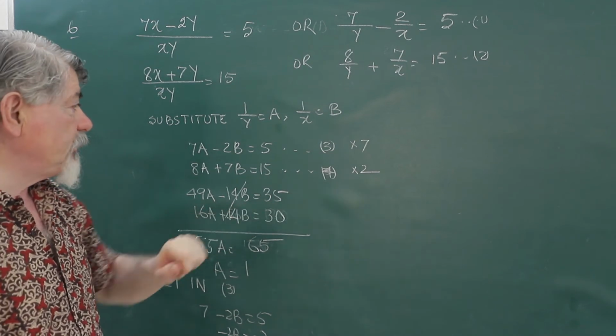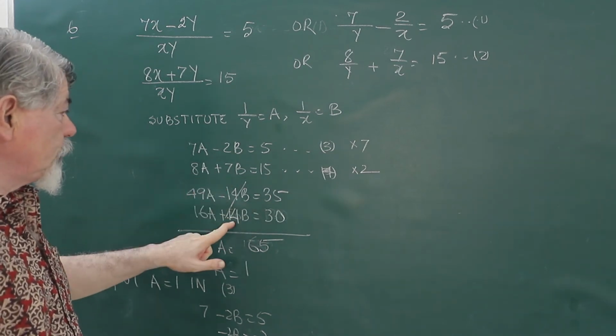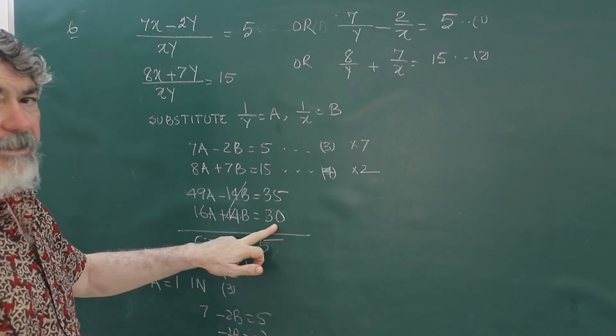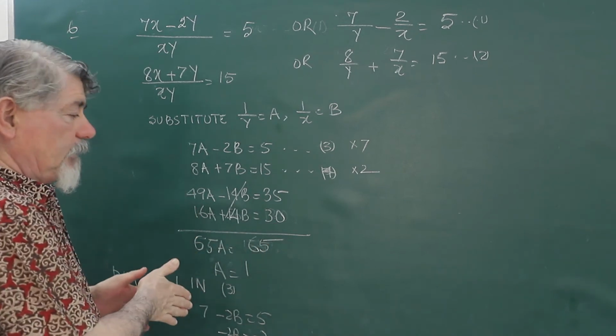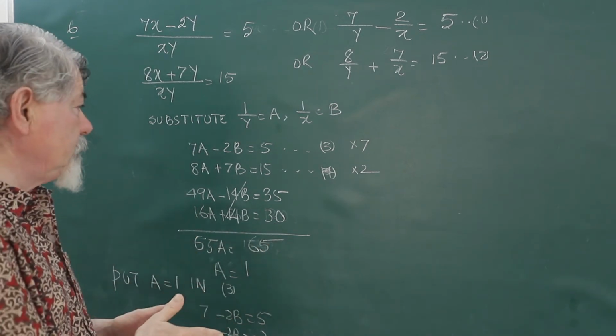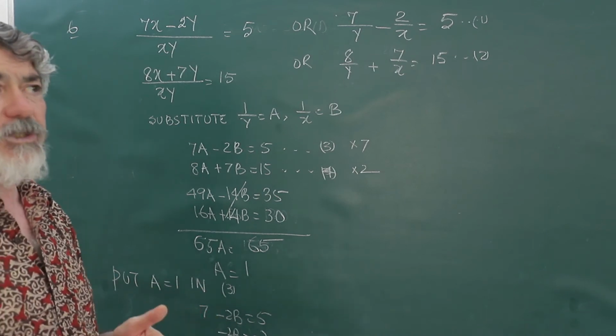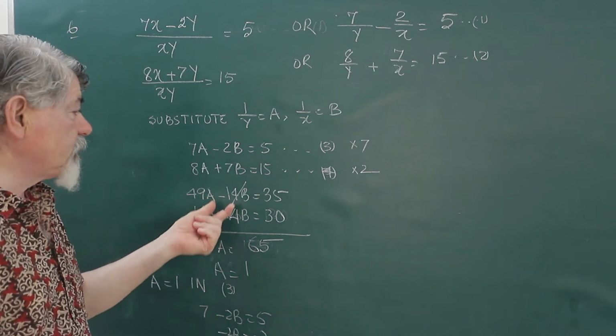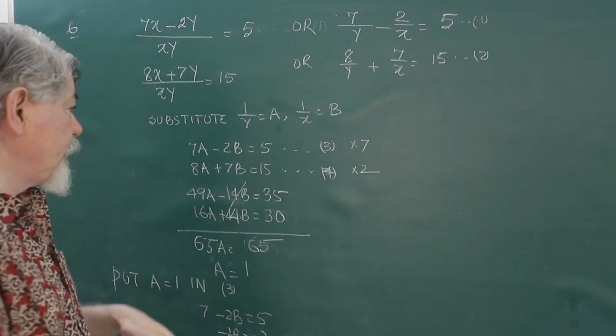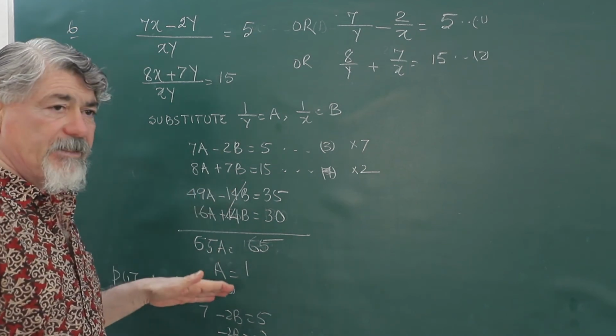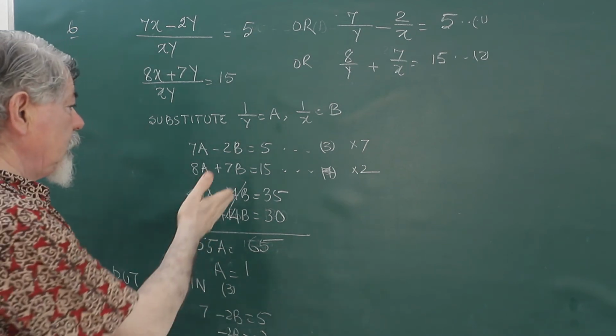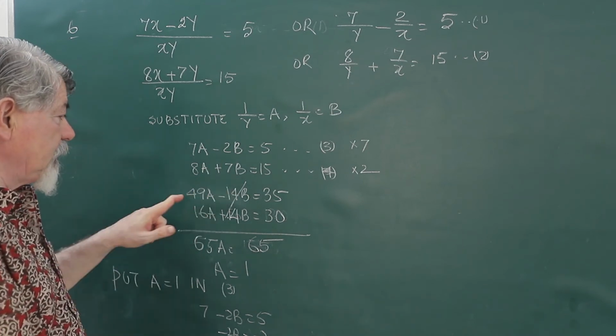When I multiply it by 2, 2 8s are 16, 2 7s are 14, 2 15s are 30. And we add, because the coefficients of b are of opposite sign. One is minus 14, the other is plus 14. When we add them, the b terms will cancel, 14b will cancel.